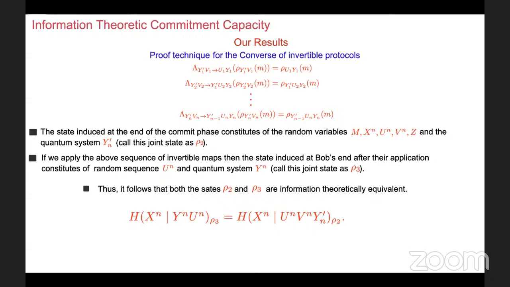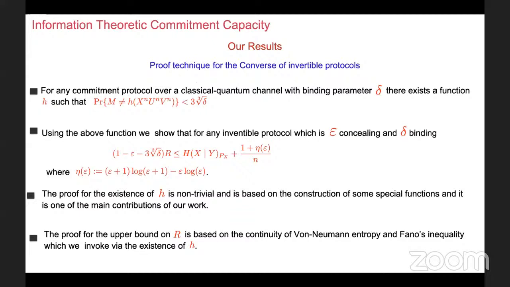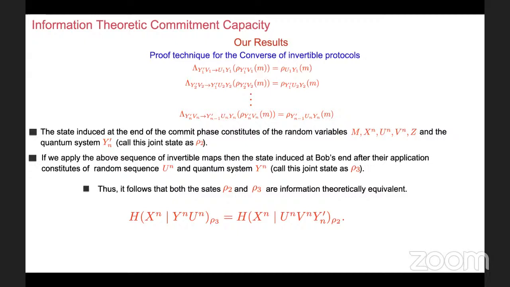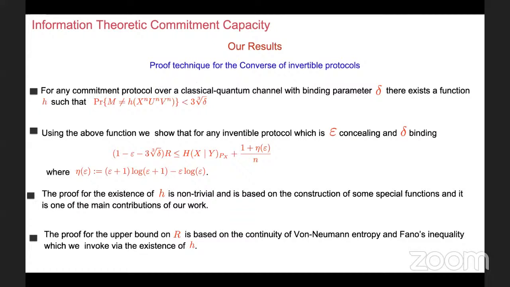So with this observation, together with one of the main results of our paper, wherein we show that there exists a function h which will be able to estimate m with very high probability using this xn, un, and vn, we are able to show a converse.